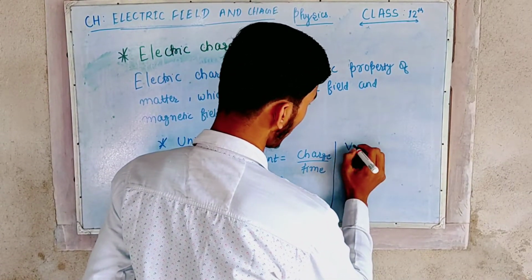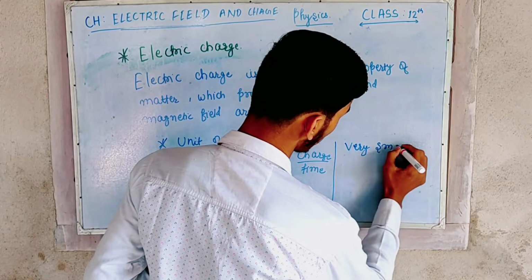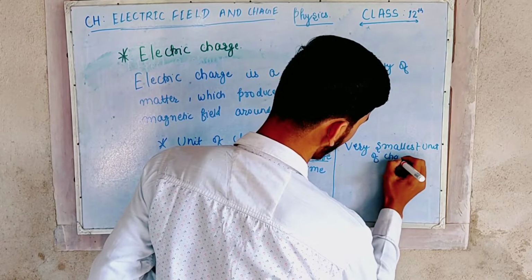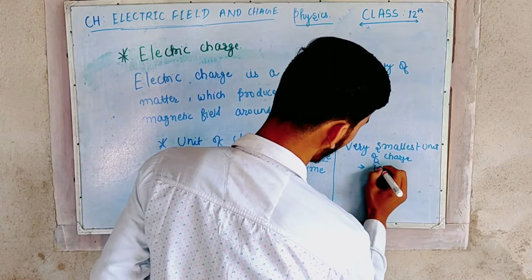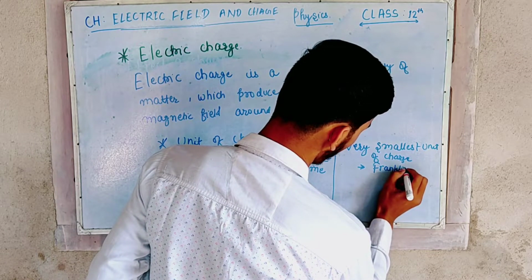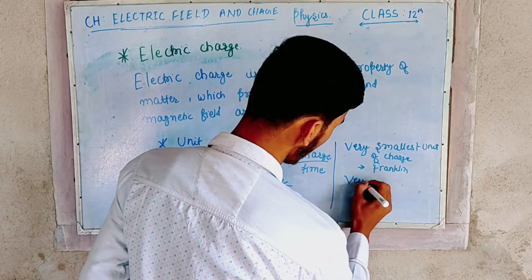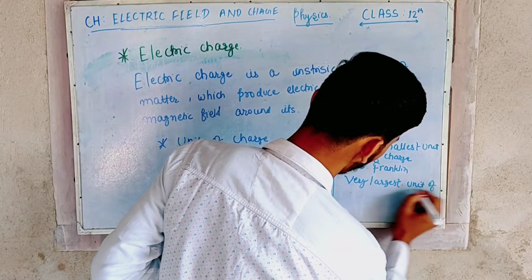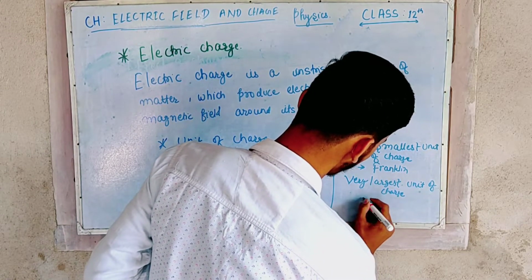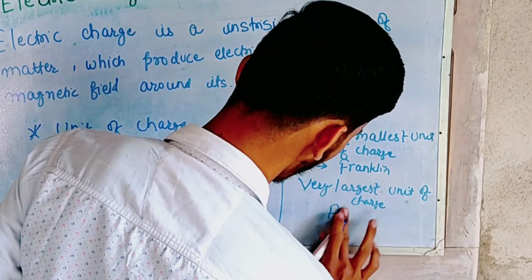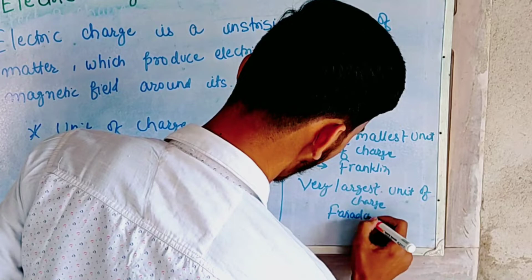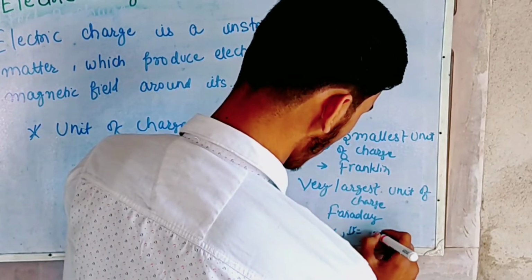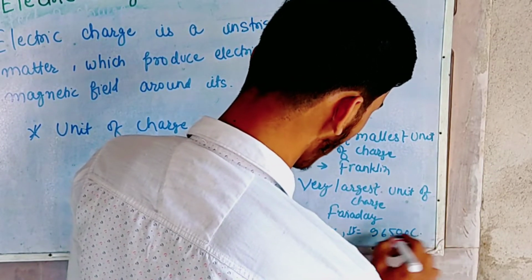The very smallest unit of charge is the Franklin, and the very largest unit of charge is the Faraday, where 1 Faraday is equal to 96500 coulomb.